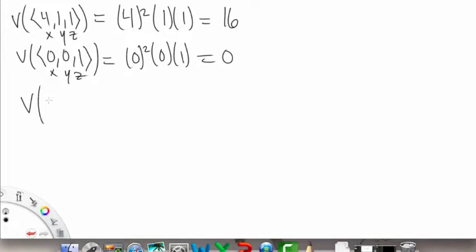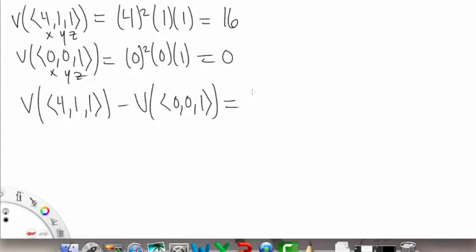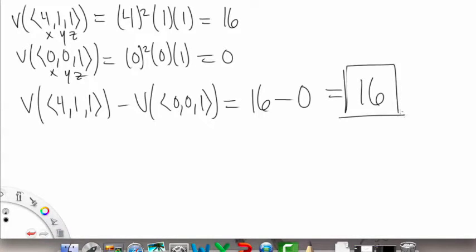So v of 4, 1, 1 minus v of 0, 0, 1 equals 16 minus 0, which ultimately equals 16. That's the answer for the vector line integral that we had to compute.